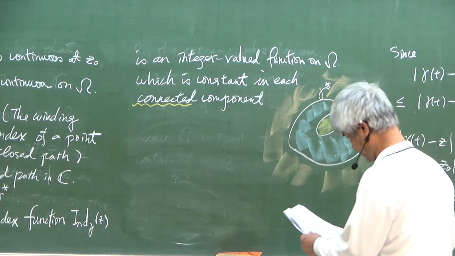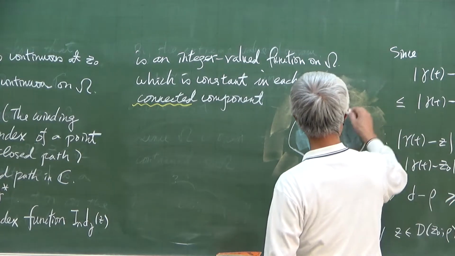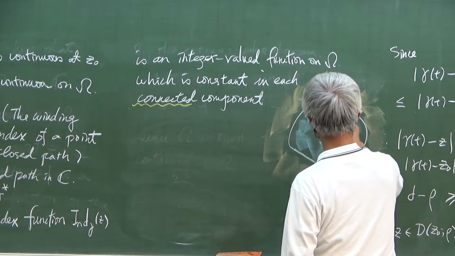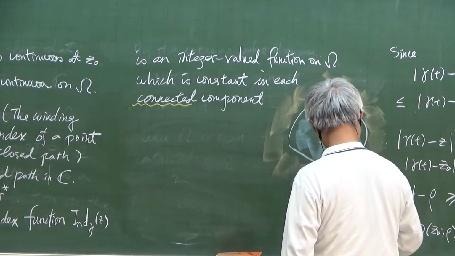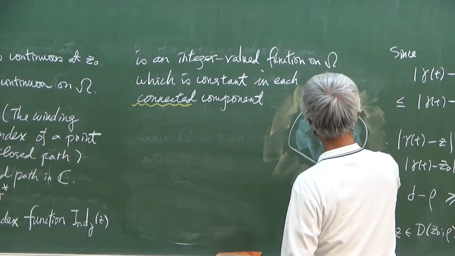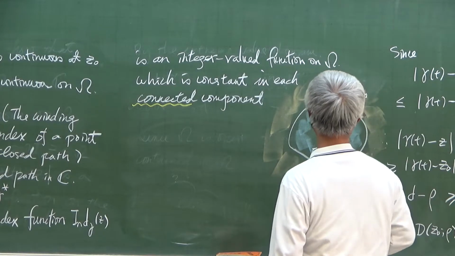So we have components like that. Maybe we say this is E1, E2, and E infinity, for example.